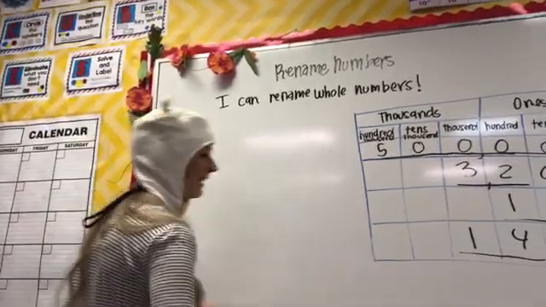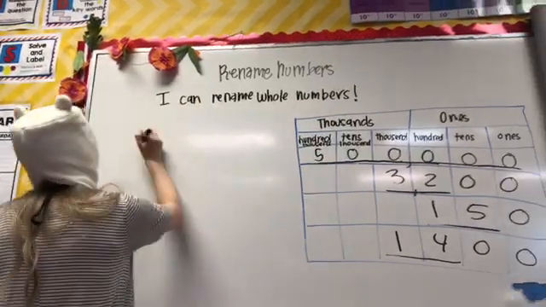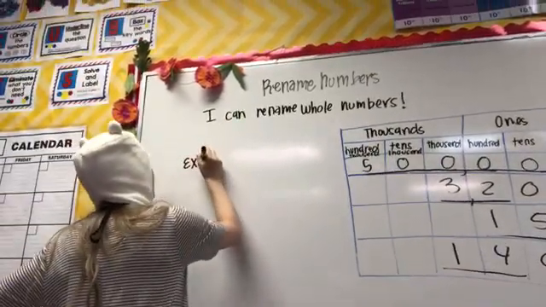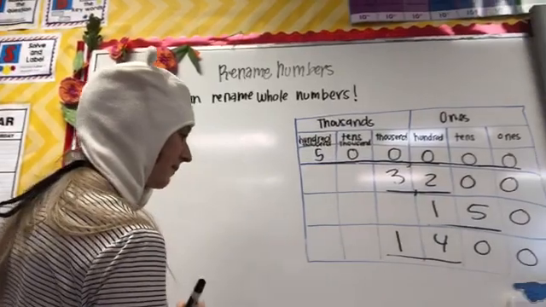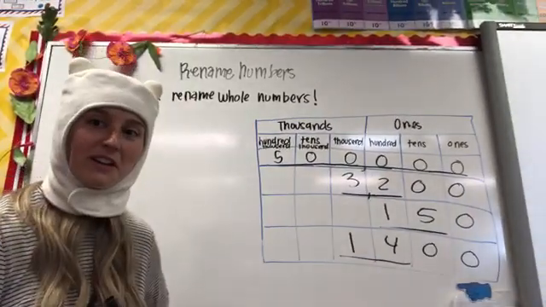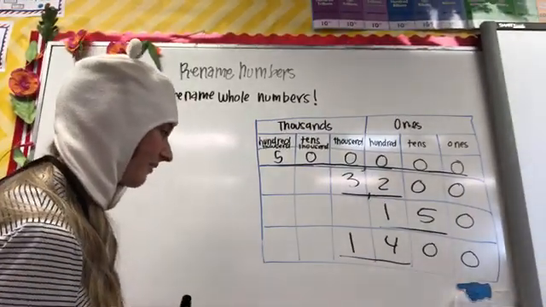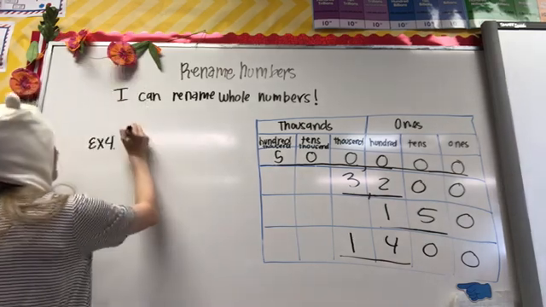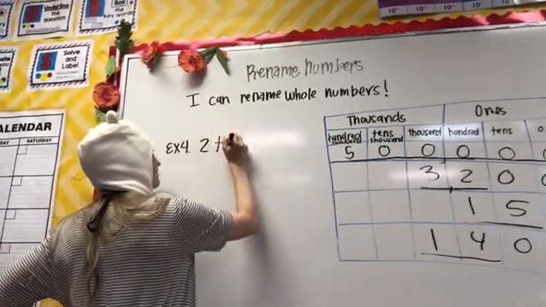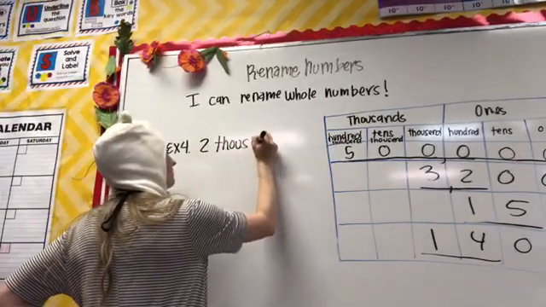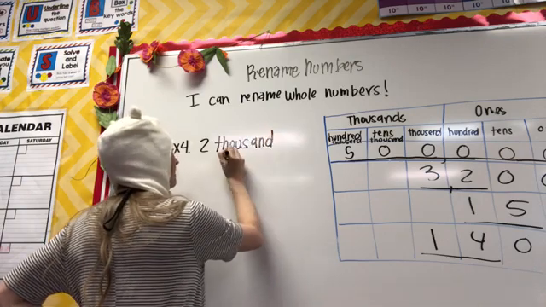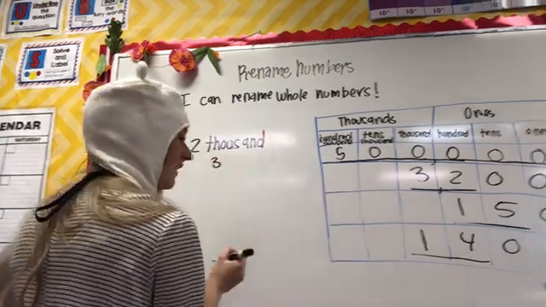All right, this would be example number 4. What if I wrote this one a little bit different? What if I wrote 2,300?